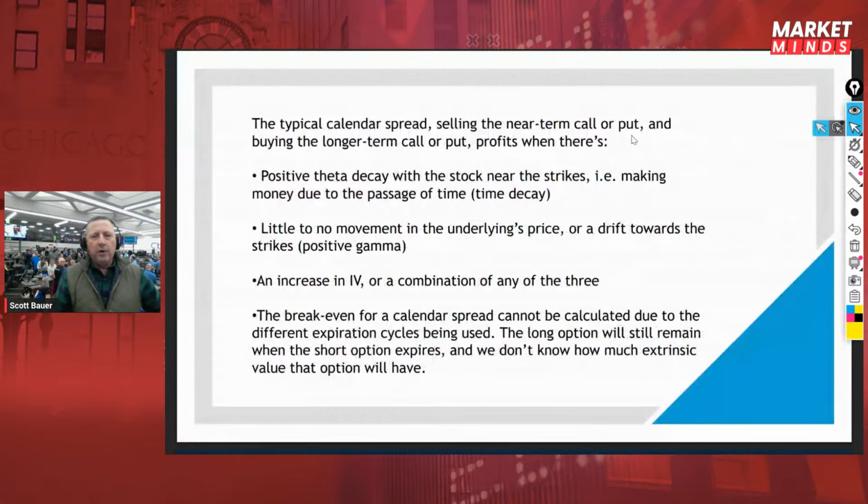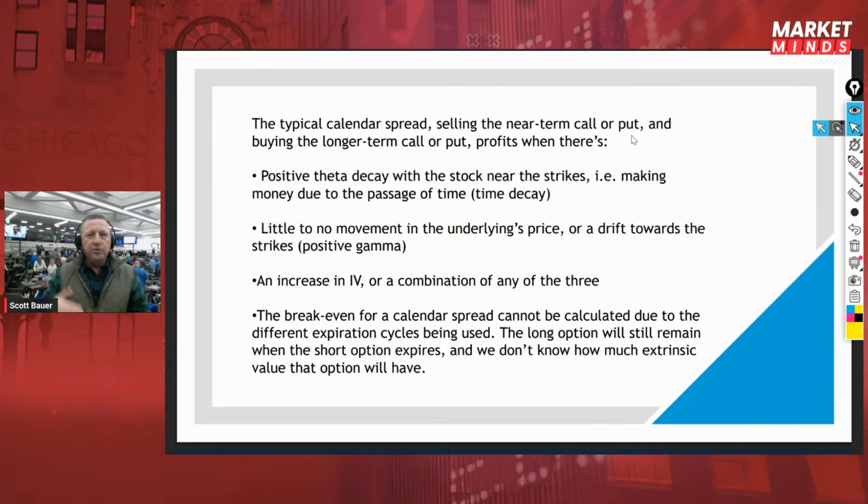So again, what are the advantages here of putting on a calendar spread? Think of it again, the thesis behind a calendar and a diagonal, everything is the same except for the strikes. The only outcome that changes is how much a stock may move, and that's you have the vertical spread on the diagonal, you have just the same strikes on the calendar.